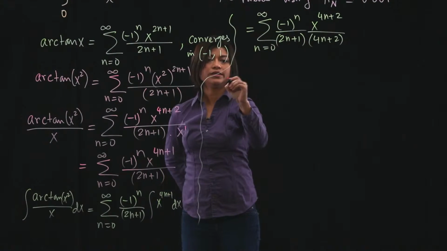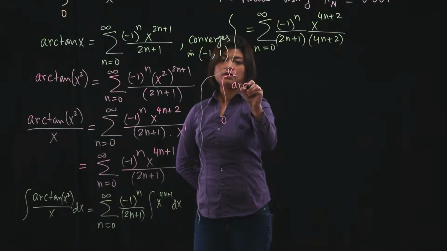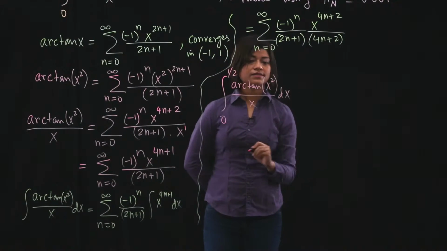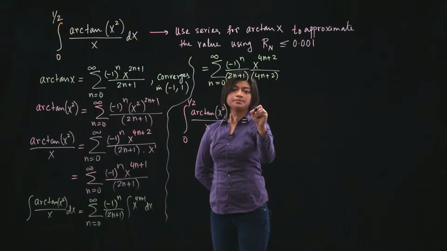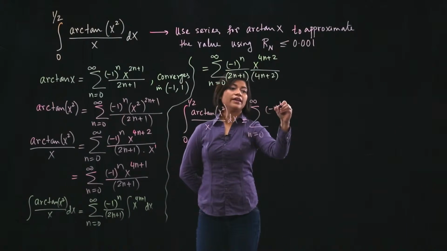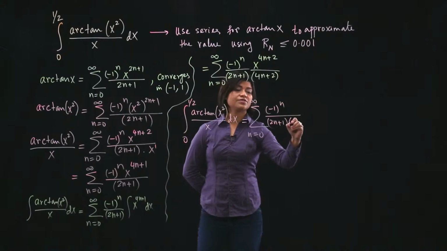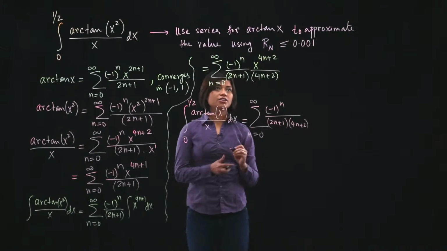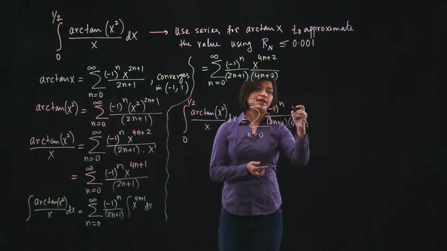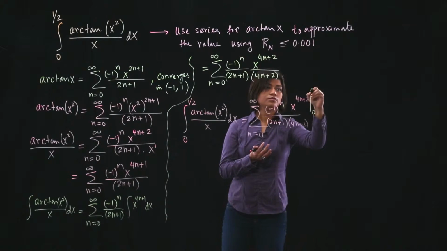Therefore, what is the definite integral from 0 to 1/2 of arctangent of x squared divided by x dx? That is equal to the series -1 to the n divided by 2n plus 1 times 4n plus 2, and in the top you plug in 0 and 1/2 for x. So we'll have x to the 4n plus 2 and plug in 0 to 1/2.